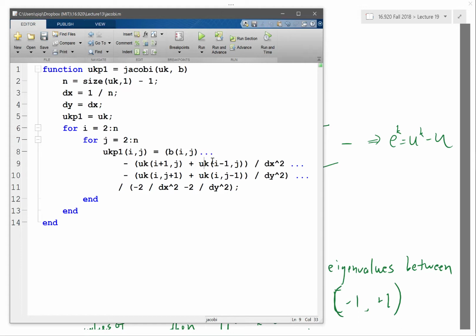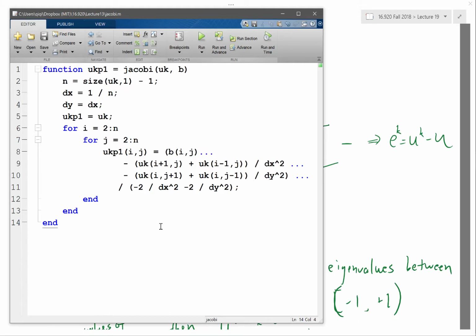It's the same as the x and y second order derivatives, except for the minus 2U part. So the Laplacian would be U of i plus 1, j plus U of i minus 1, j, and so on, minus 2 times U i j. The minus 2 part is diagonal, which is moved to the diagonal part. Okay, so that's our Jacobi iteration.